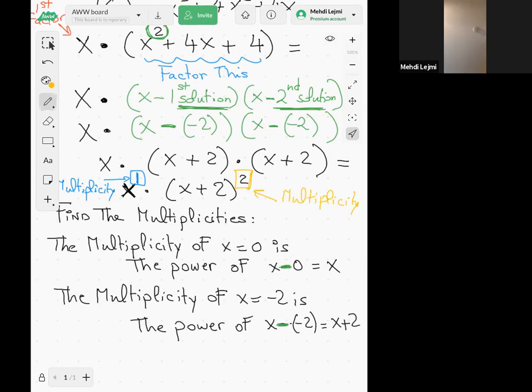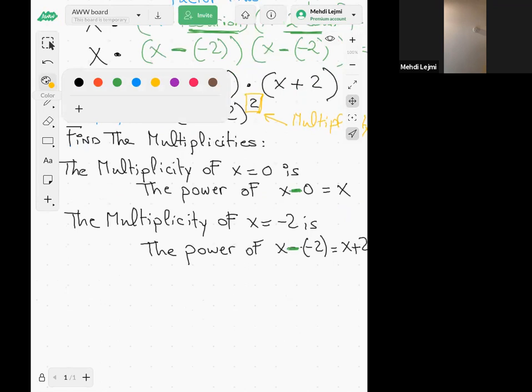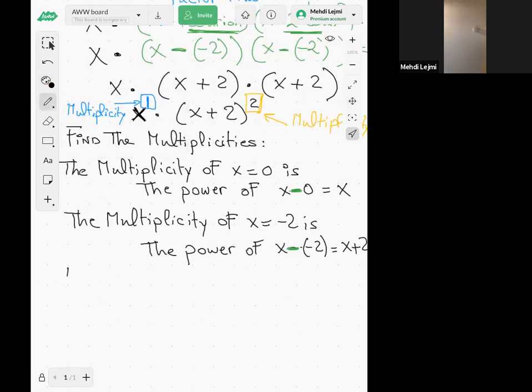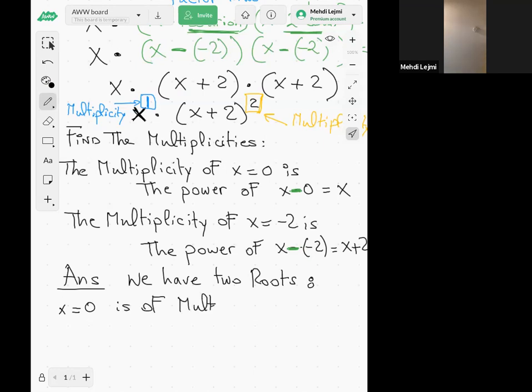So to answer the question now, we have two roots. The first root is x equal to 0, and it's of multiplicity 1, because the power of x, or exponent of x, is 1.